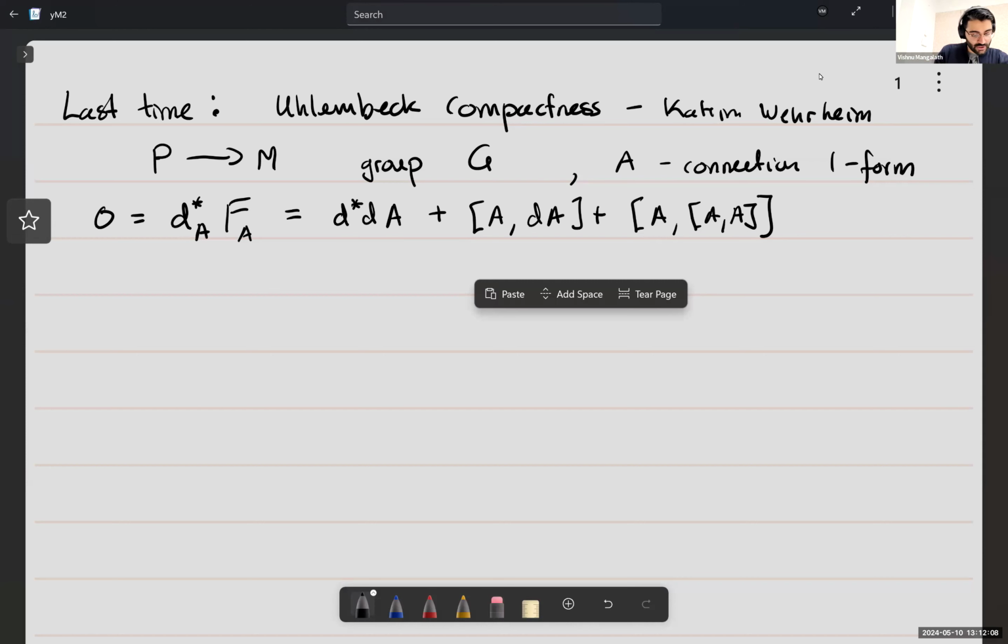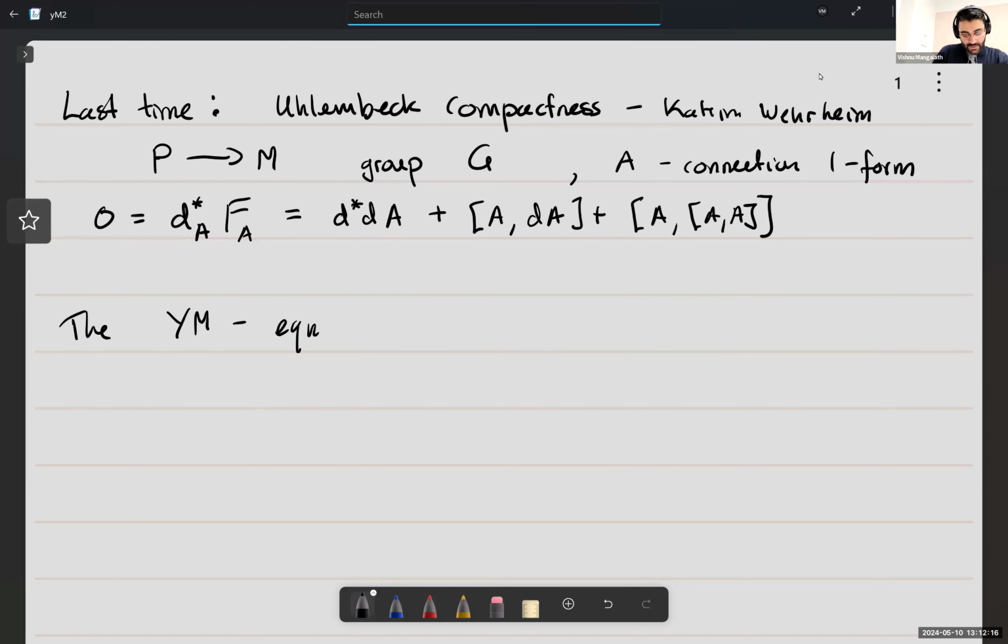Yeah, so the main issue was that the Yang-Mills equations are gauge invariant. Right?